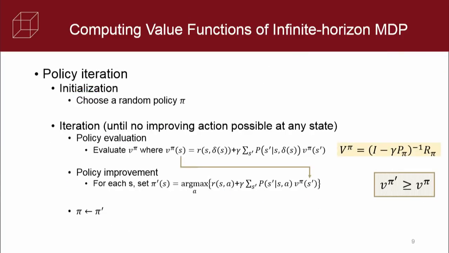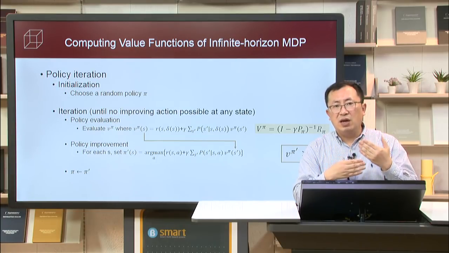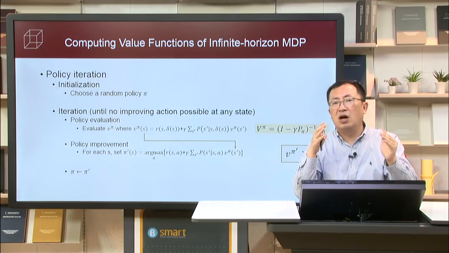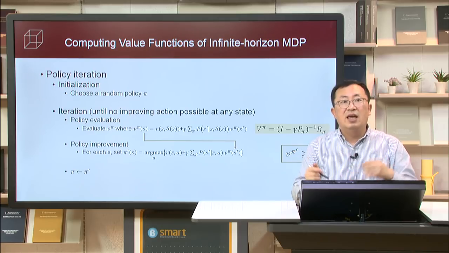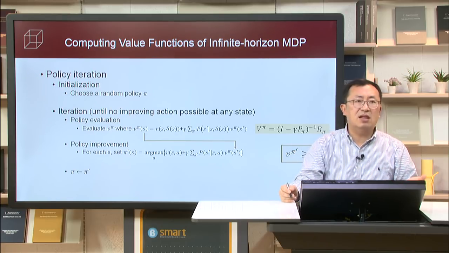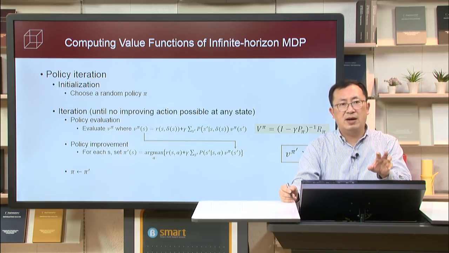All right, so another iterative algorithm to compute the value function is called policy iteration. The algorithm alternates between evaluating a policy, which we already talked about and is called policy evaluation, and improving the policy. This algorithm starts with an arbitrary policy pi.